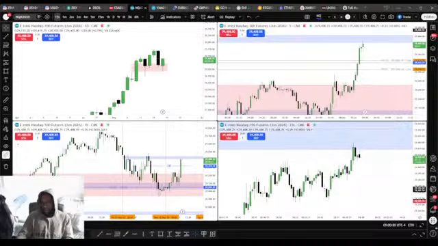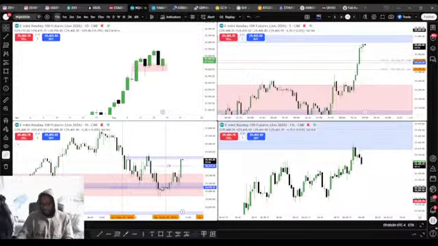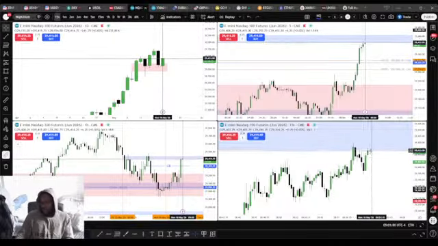Coming up towards 9 o'clock on the other portion. This also would not be a setup due to the fact that sell side was not taken.